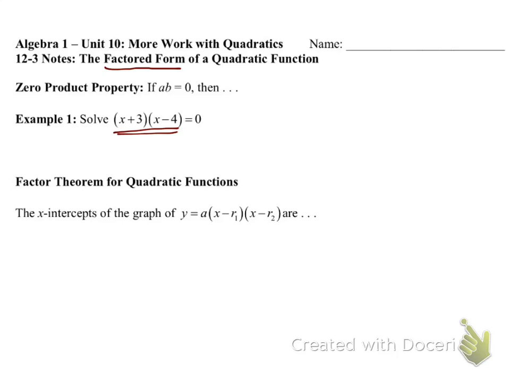We've actually talked about this a little bit. If you have two numbers, a and b, that multiplied together give you 0, then in order for the product to equal 0, either a equals 0 or b equals 0, or potentially both could equal 0.